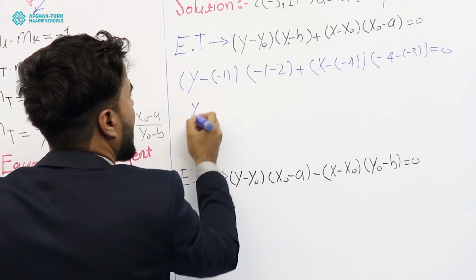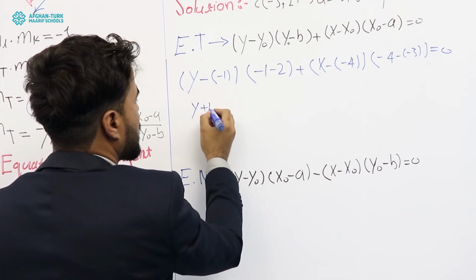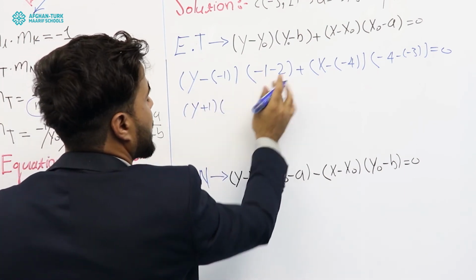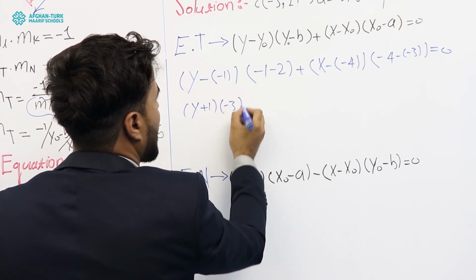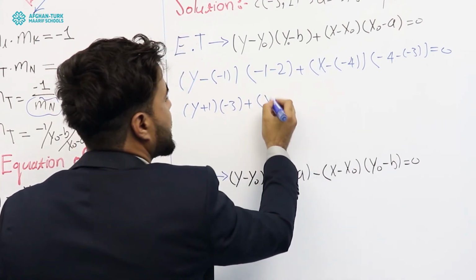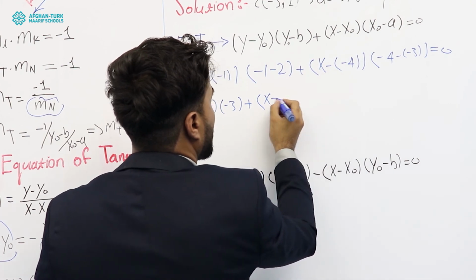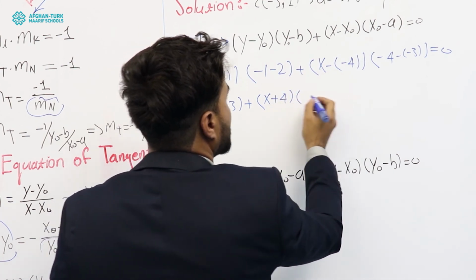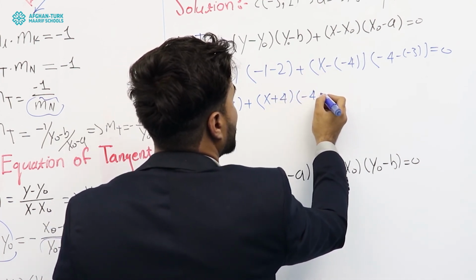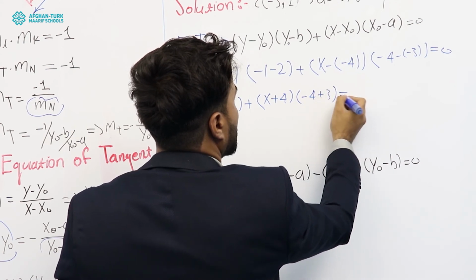So in here we have y minus times minus 1 is equal to plus 1, times minus 1 and minus 2 is equal to minus 3, plus x minus times minus 4 is equal to plus 4, times minus 4 minus plus 3 is equal to 0.